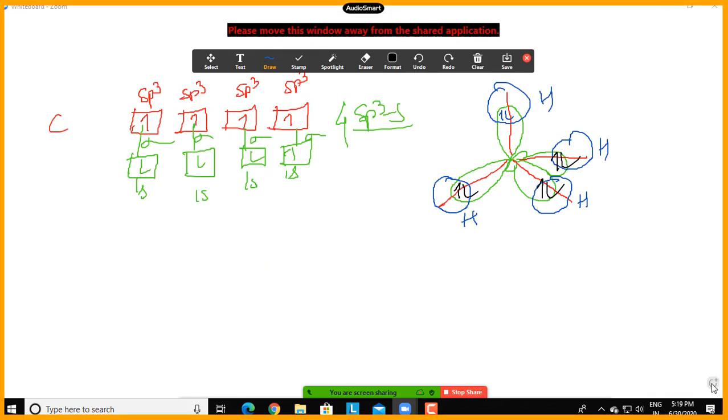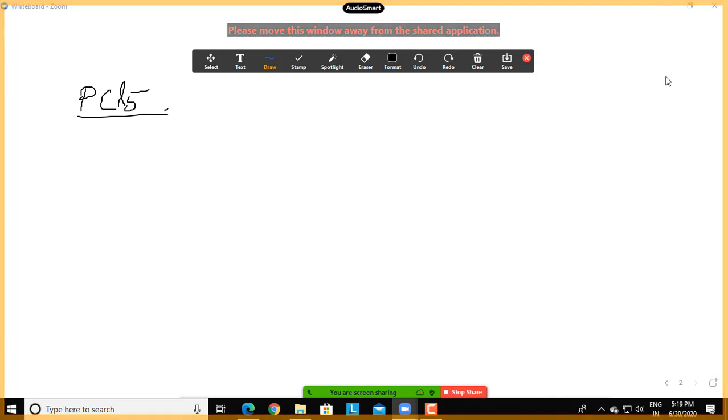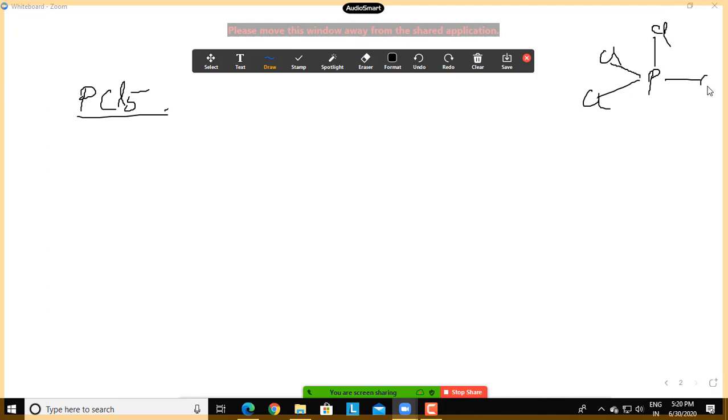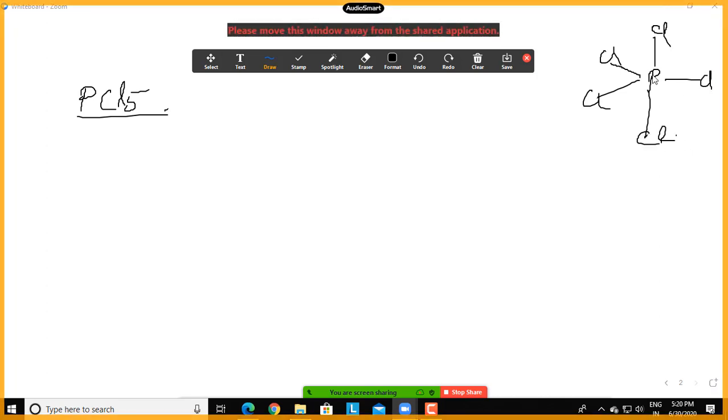Now let us take the formation of PCl5. In PCl5, what you find, phosphorus is making sigma bond with chlorine because chlorine can make only sigma bond with phosphorus. Chlorine has 3pz lone pair electron.